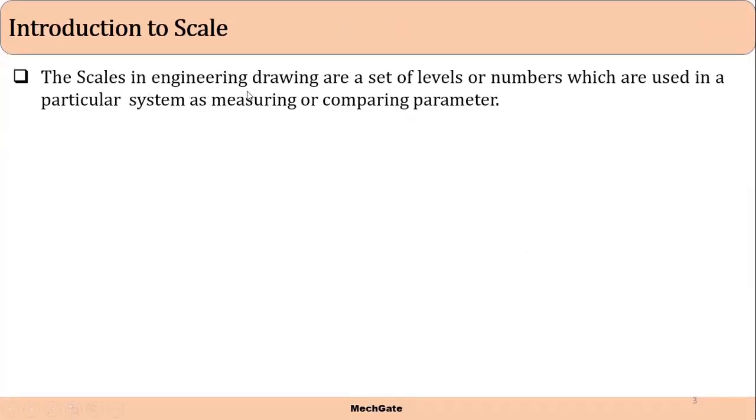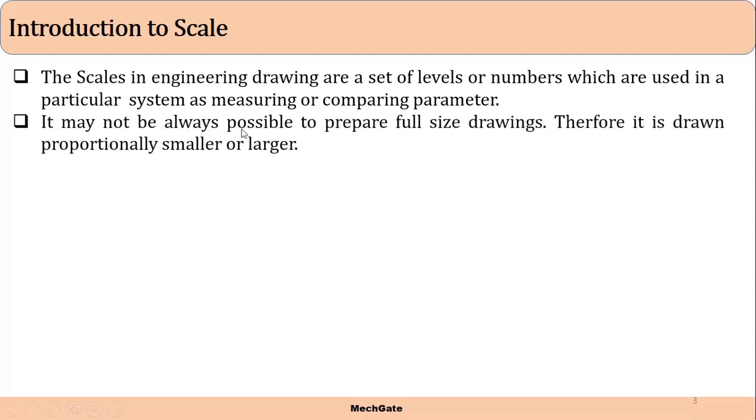The scales in engineering drawing are a set of labels or numbers used in a particular system as a measuring or comparing parameter. So ultimately we are comparing our length with some standard length. It may not always be possible to prepare a full size drawing, therefore it is drawn proportionally smaller or larger.